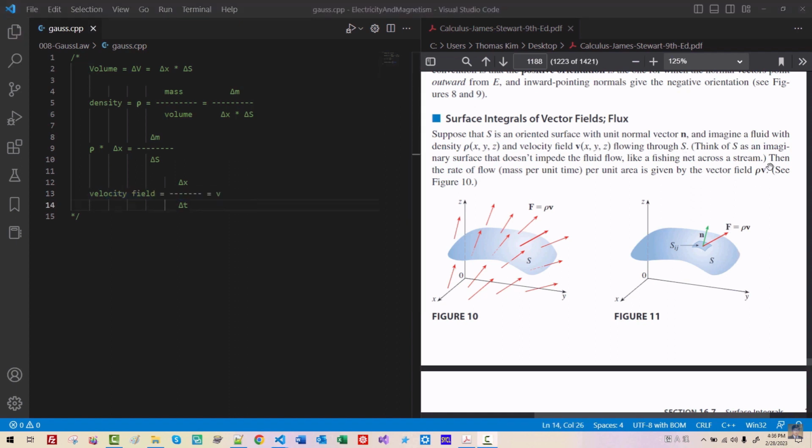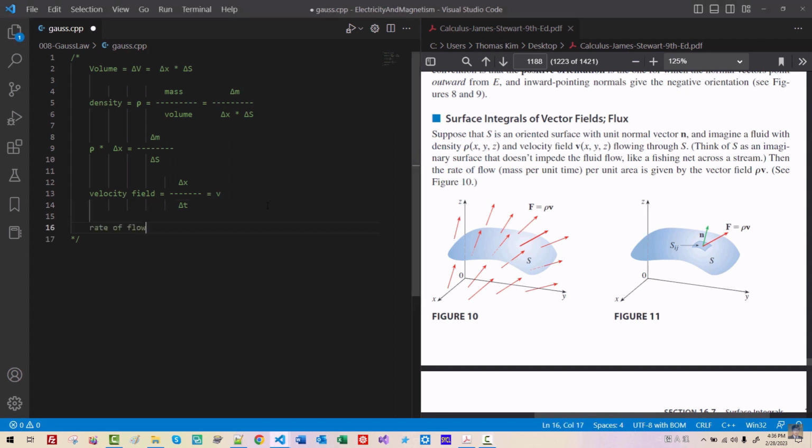Now this part. Then the rate of flow, mass per unit time per unit area, is given by the vector field rho v. We will define rate of flow first.